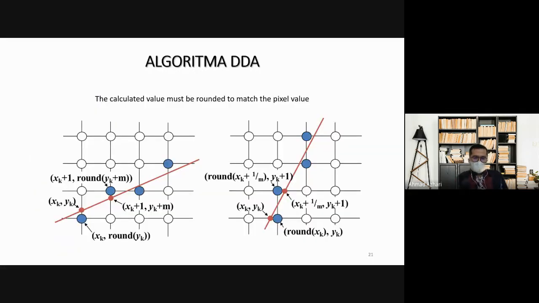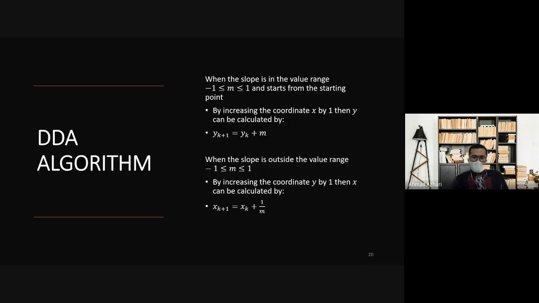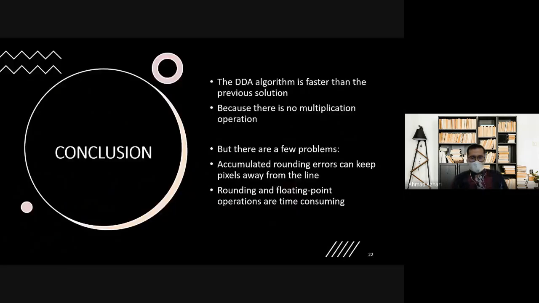So the calculated value must be rounded to match the pixel value. As you can see before, the result of the calculations or the equations will be rounded. So the conclusion: DDA is faster. You can predict it by using the slope m, because there are no multiplication operations.